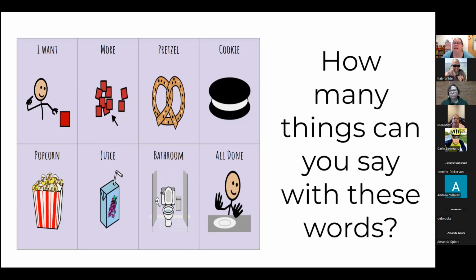So when we look at AAC development and the growth of language, it's very similar to what we would expect for typical language development. The process is almost identical. That babbling, when babies are just playing with their mouth and making all the sounds, is what we see our AAC users go through. They're pushing all the buttons. They are playing with their voice at that point.